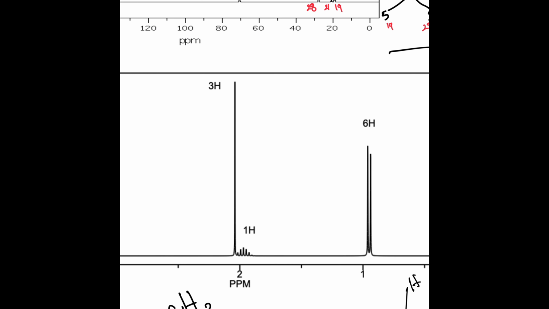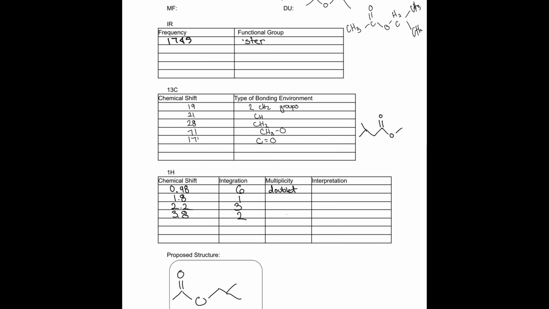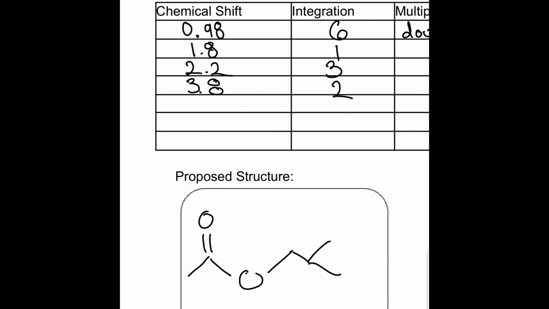And when there was an integration of 1, we can see there's a multiplet, which means there are many peaks here. So if you look at our proposed structure again, we can see that in accordance with this carbon here, there are 2 carbons attached to here, 2 hydrogens attached to here, 3 hydrogens here as well, and just the 1 hydrogen here.